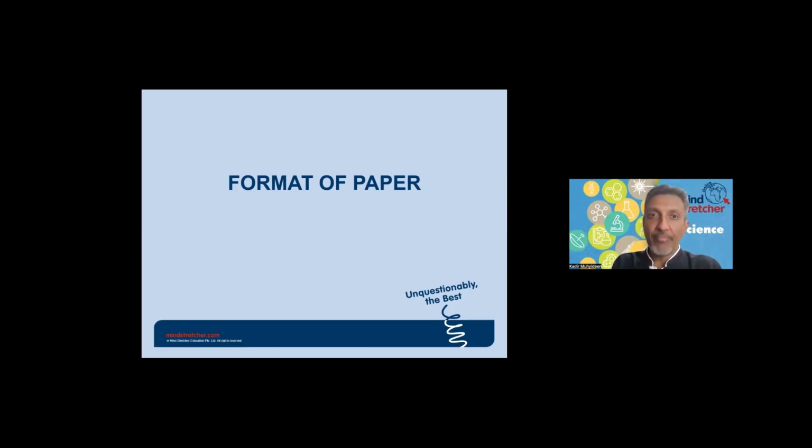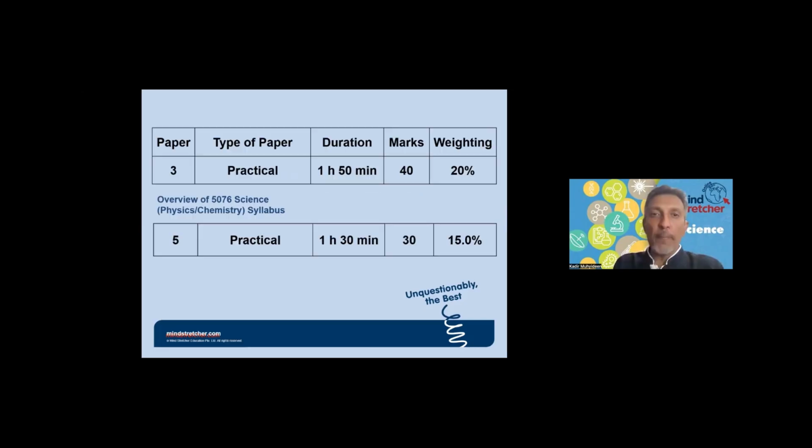That's important. The format of the paper for pure physics, paper three: the duration is 1 hour 50 minutes. It carries a total of 40 marks, and the weightage is 20%, so it contributes 20% of your O level score.